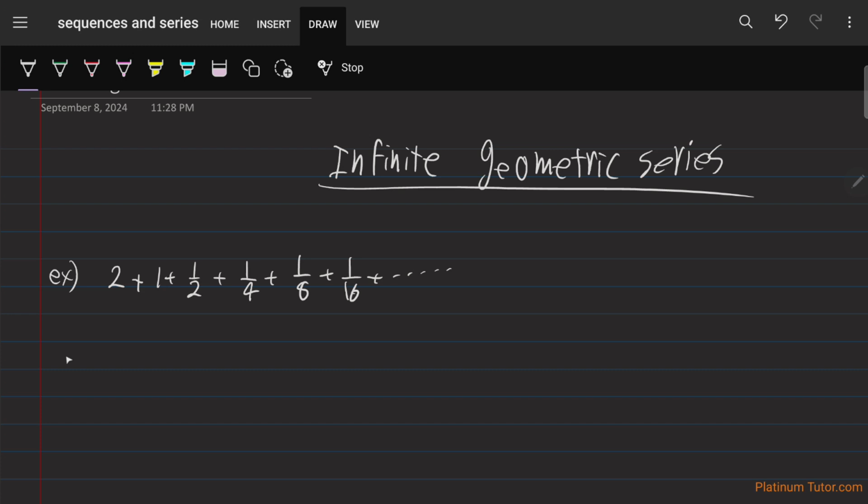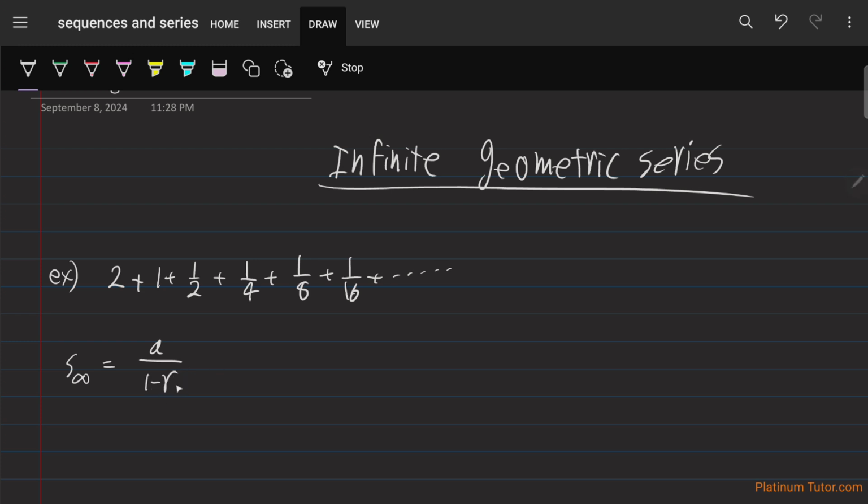So here's the formula for it. I'll go through the derivation of this formula at the very end of the video, but for now, let's just have a look at the formula and how to use it. So S infinity is equal to A over 1 minus R.